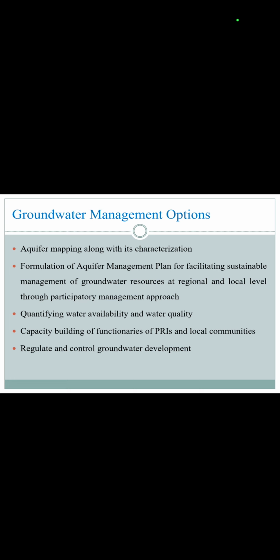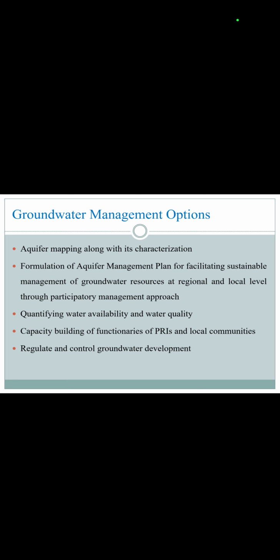We have to quantify the water available to us, along with mapping out the status of water quality across the nation. Capacity building of functionaries like Panchayati Raj institutions, local communities, and self-help groups in monitoring our groundwater sources would be vital. And regulating and controlling groundwater development.